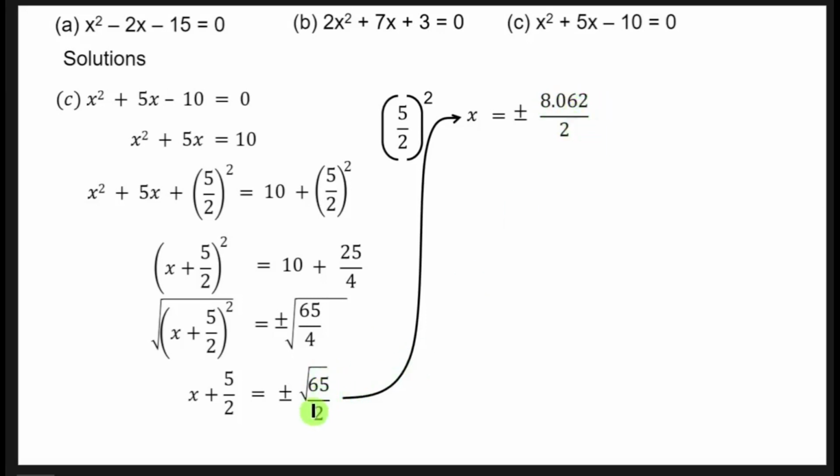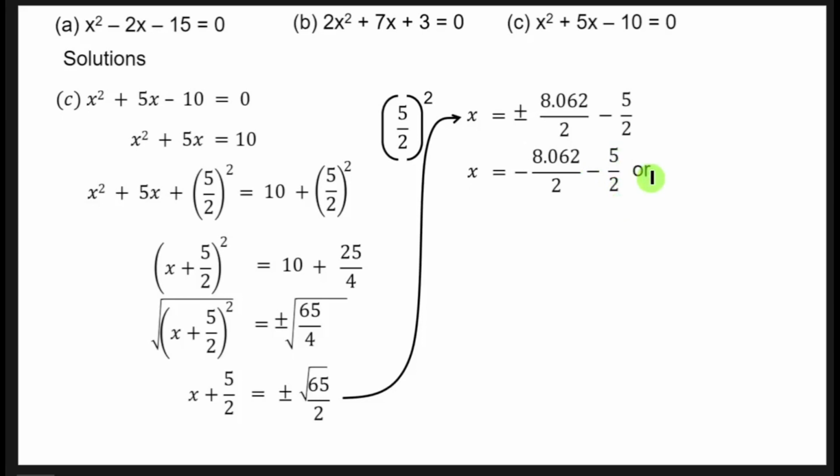So this is 2 still here. Then square root of this one is this one here. Then this one now is crossing to become minus 5 over 2. So there are 2 options here. I'll pick the first option with a minus. So I'll say minus 8.062 over 2 minus 5 over 2.